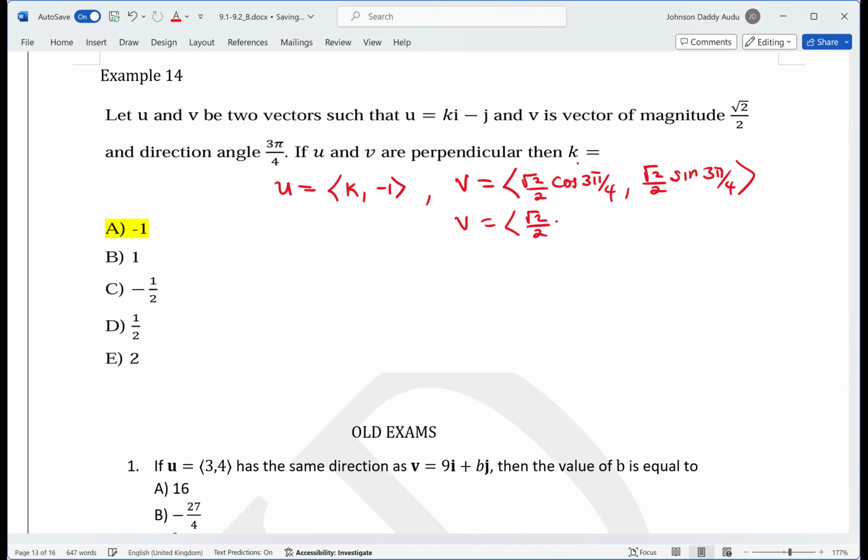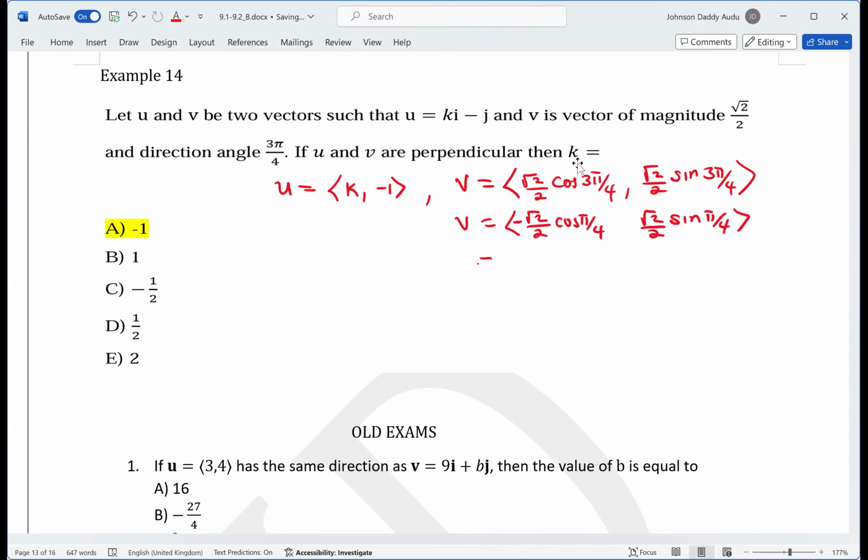What is cosine 3 pi by 4? Cosine 3 pi by 4 is going to be a minus because that's in the second quadrant and cosine is negative. So this is just going to be minus cosine pi by 4. And this is root 3 over 2. And this is just going to be sine pi by 4. Okay.